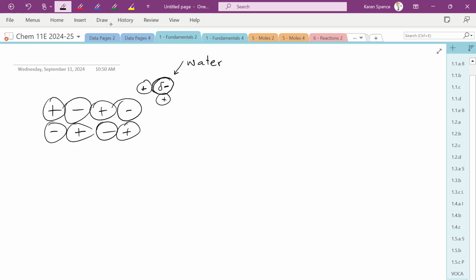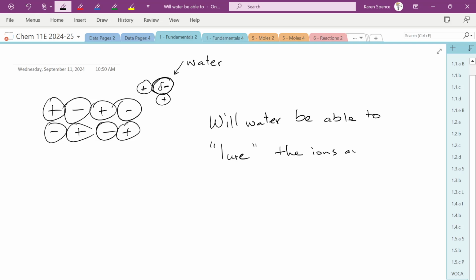Will the water be able to draw the ions away from the other ions? I got one person saying no. Think about it, chat with your neighbor, see what you think.